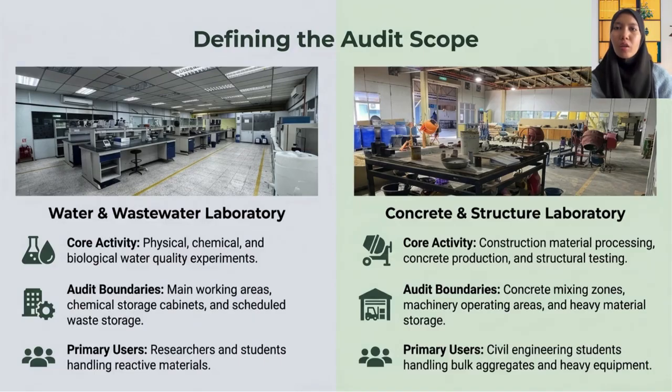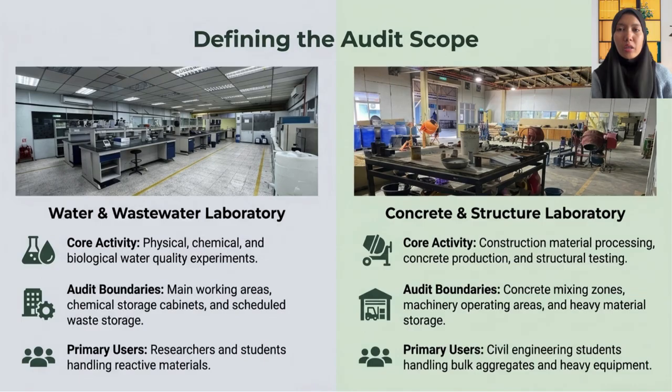231333491. For this audit, our team selected two laboratories in FKTA, namely the Water and Wastewater Laboratory and the Concrete and Structure Laboratory. The Water and Wastewater Laboratory conducts experiments related to physical, chemical and biological water quality analysis. The audit covered the main working area, chemical storage cabinet and scheduled waste storage area.